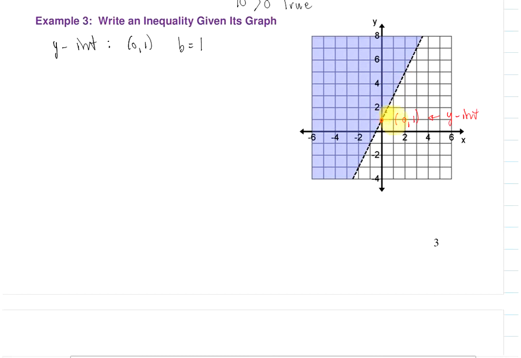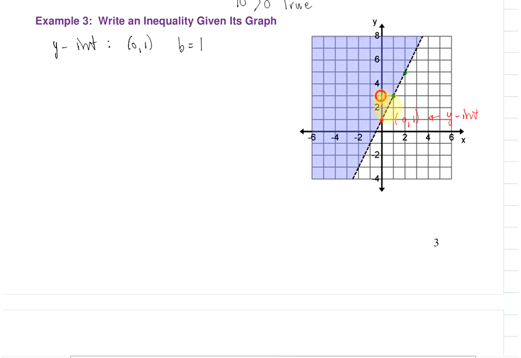So you want to go along your line and find some points that actually go through the grid line. Okay, so there's a few. You can use this one and you can use this one. I'm going to use our first one here.